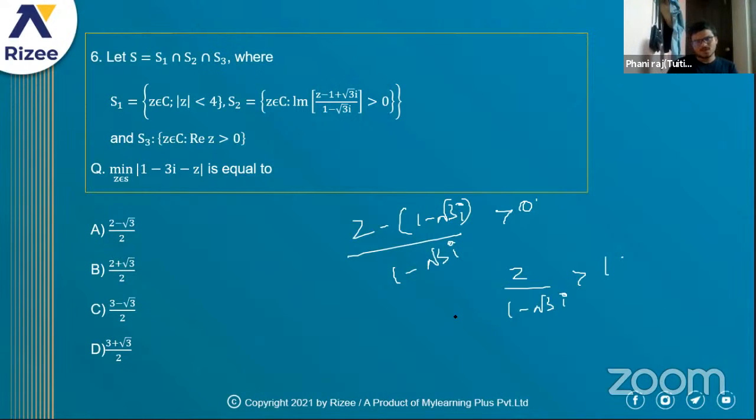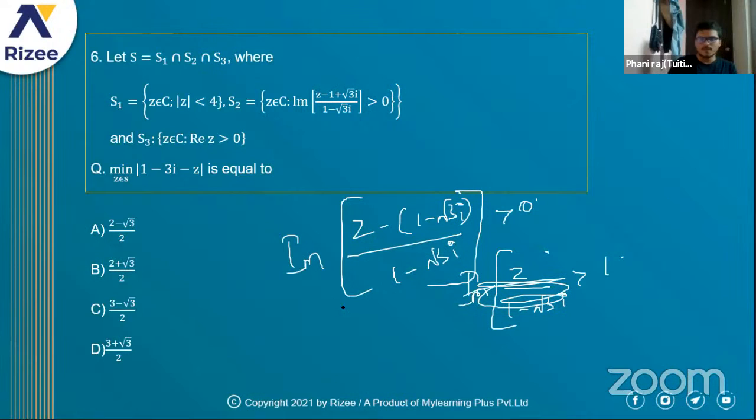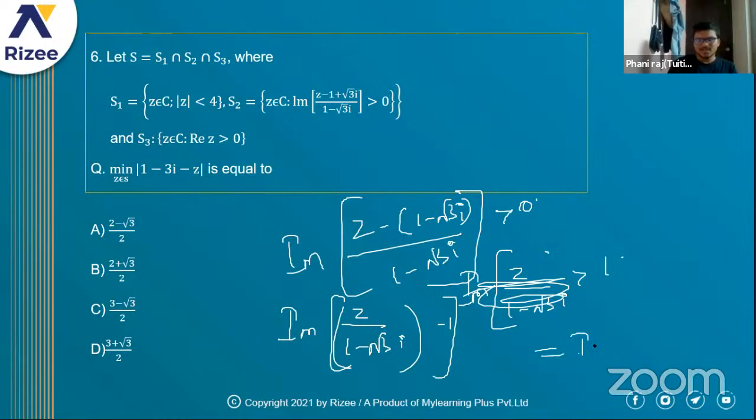Okay, so imaginary part of this is greater than 1. 1 minute. Sorry, I think I'm going wrong somewhere. Let me just clarify it. This is the same as imaginary part of Z by 1 minus root 3i minus 1. This is a real number. So this is the same as imaginary part of Z by 1 minus root 3i, which should be greater than 0.